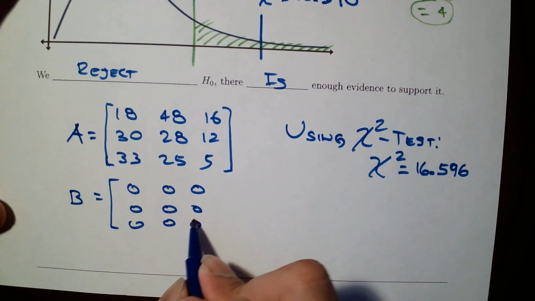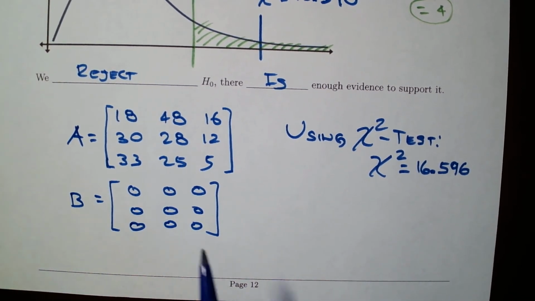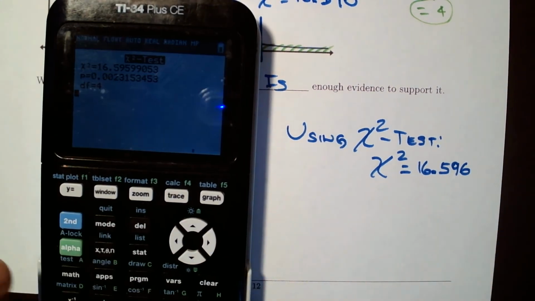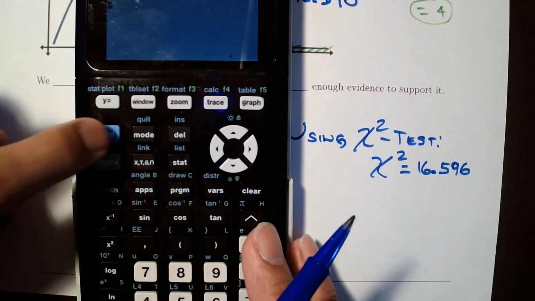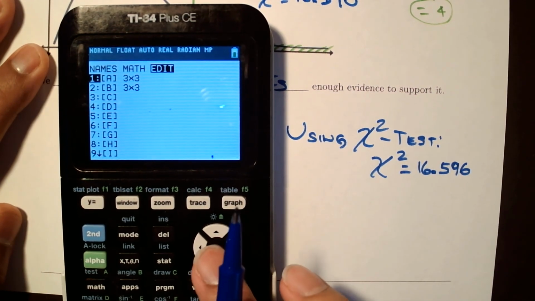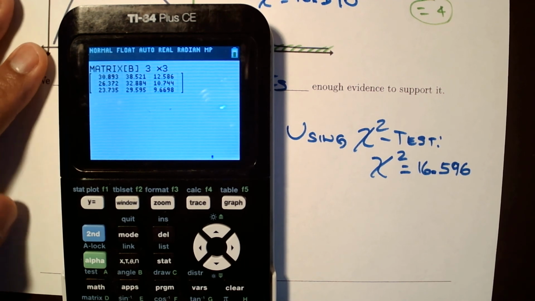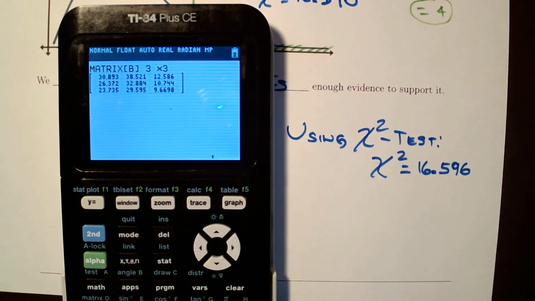Nevertheless, if you are curious about these values, once you perform the test, if you go back to second matrix and edit the matrix, the second one that used to have all zeros is now going to be populated with the expected values. But ultimately we're not going to need them.